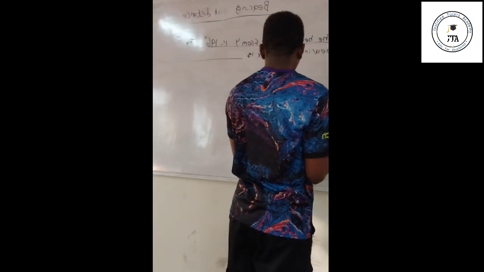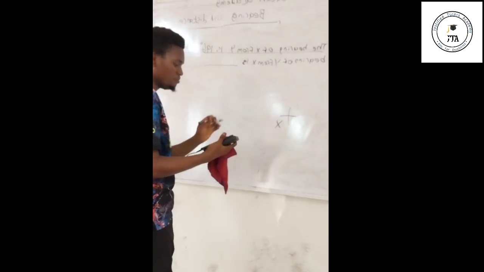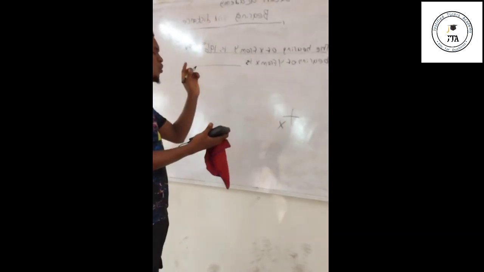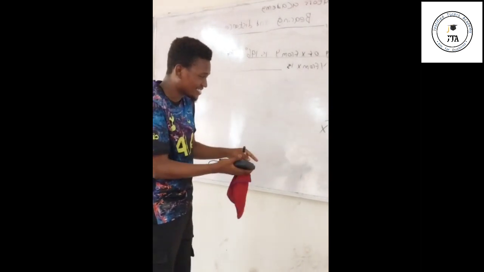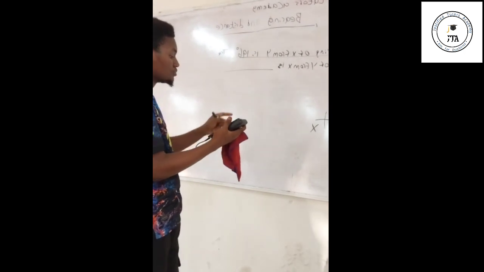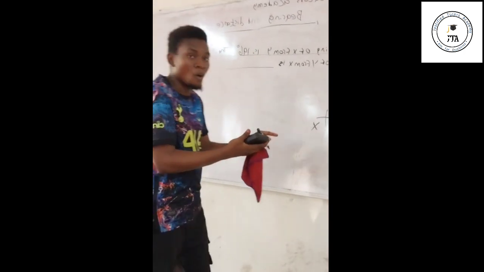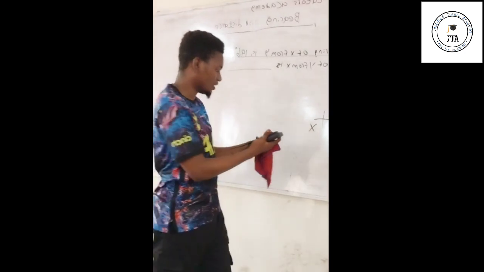This is our x here, then our y is somewhere. The 196 degrees is at y, but it is linking up to x.